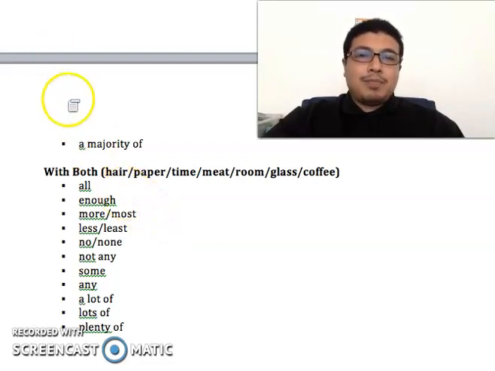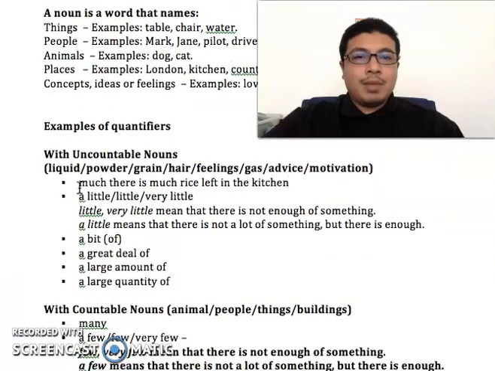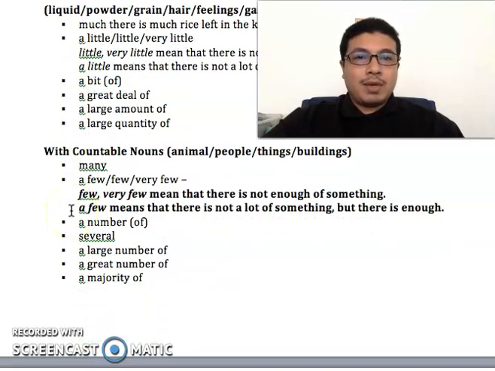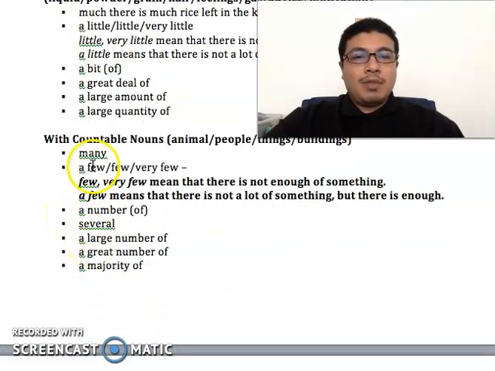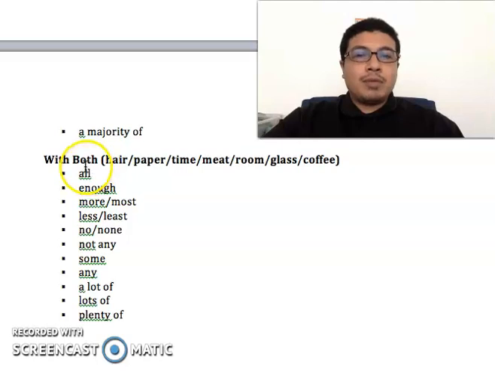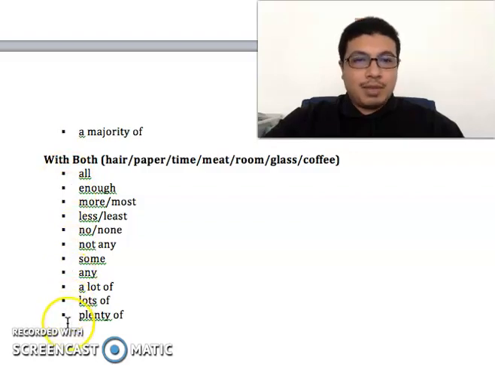So all in all, we have countable nouns or uncountable nouns where we use these quantifiers. We have countable nouns with these quantifiers to be used, and also we have both countable and uncountable nouns with these quantifiers to go with them.